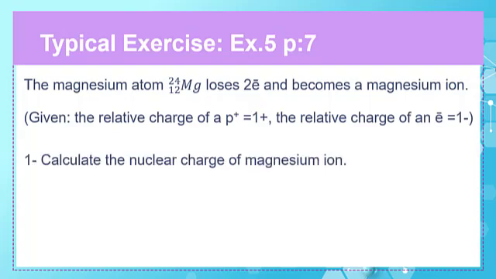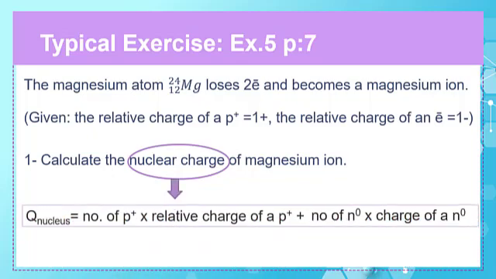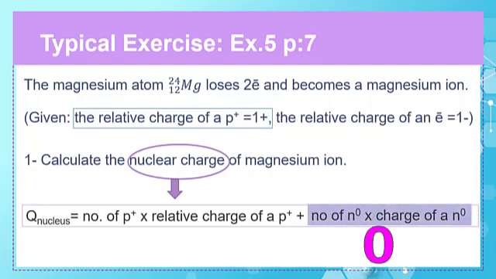In part 1, it's required to calculate the nuclear charge of the magnesium ion. The nuclear charge, as a rule, is the number of protons times the relative charge of a proton plus the number of neutrons times the charge of a neutron. The relative charge of the proton is given 1 plus, and the charge of the neutron is 0, so the product here will be 0.